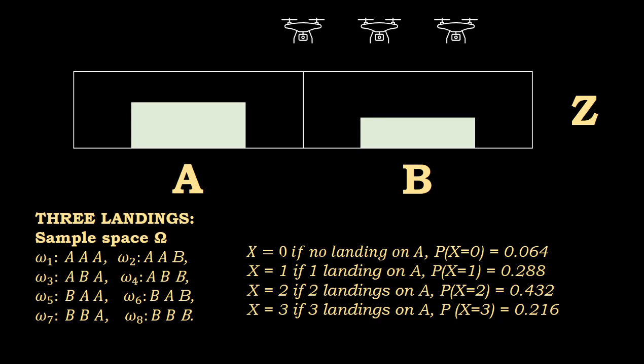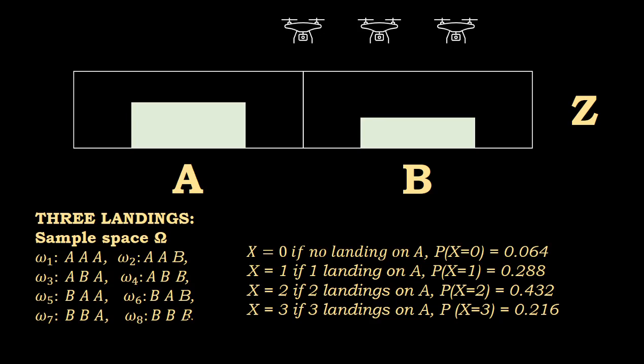Okay, so what's the probability of landing in A in the first landing? Well, 0.6. What's the probability of not landing in A in the first landing? Well, it's 1 minus 0.6, which is 0.4. So we have to find the sample space in which there is no landing in A, and we have only one of those, omega 8.